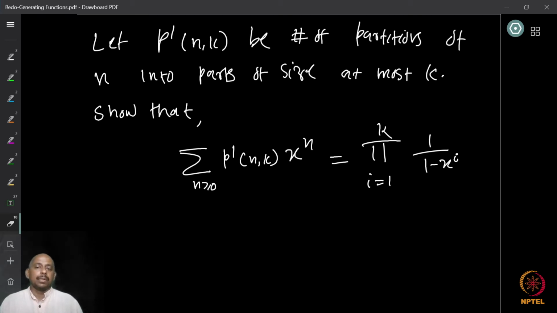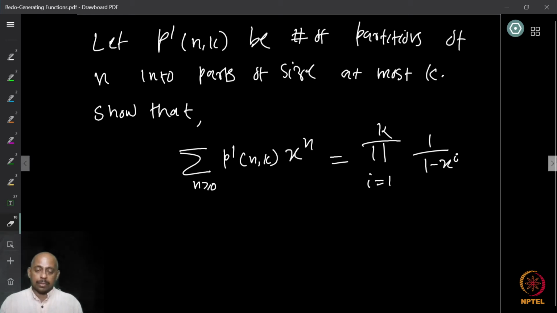Now we want to show that the generating function for this sequence p dash of n, k is the product, i equal to 1 to k, of 1 by 1 minus x raised to i. That is, summation n greater than 0 of p dash of n, k times x raised to n is the product i equal to 1 to k of 1 by 1 minus x raised to i. So this is the generating function for the partitions of n into parts of size at most k.